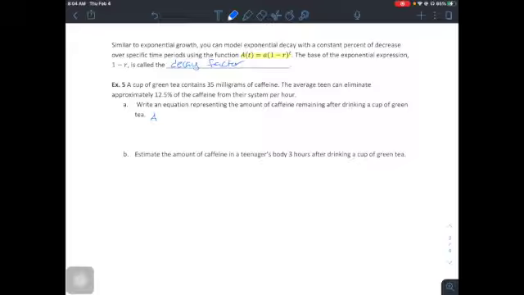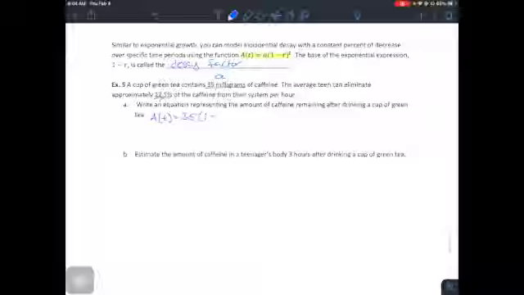So the amount of caffeine in their system as a period of time. The initial amount is 35 milligrams, so that's A, times 1 minus, they're eliminating 12.5% per hour.